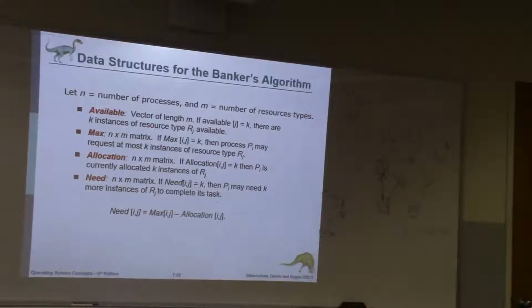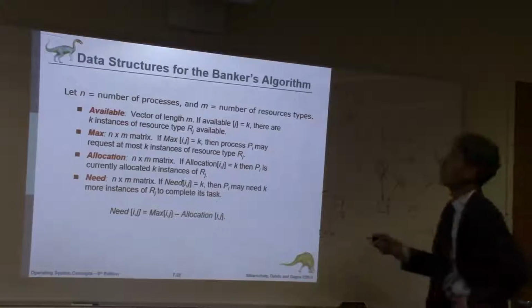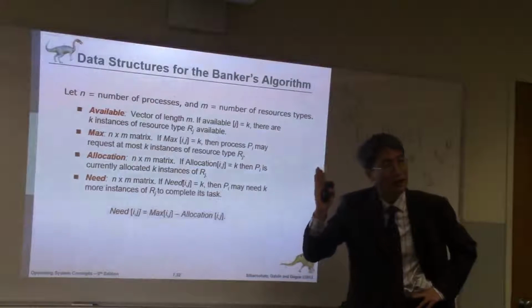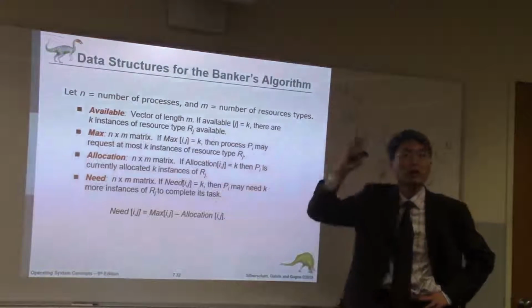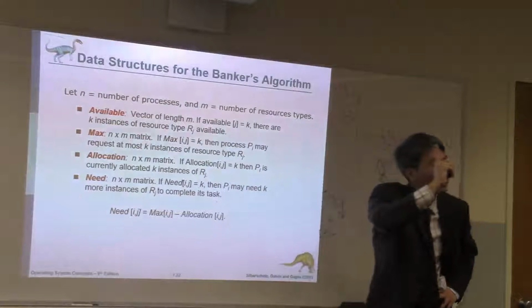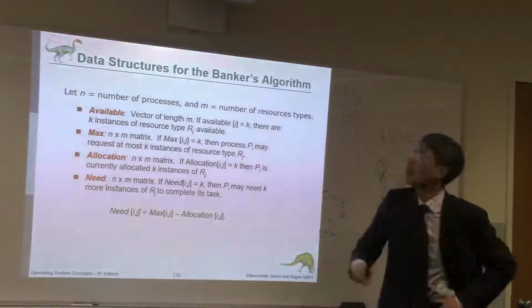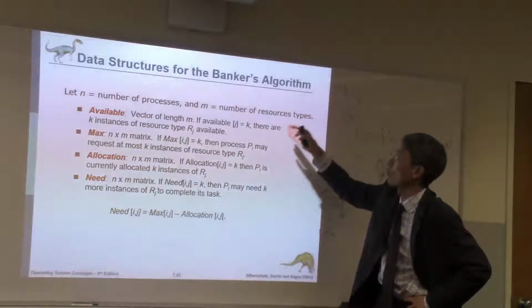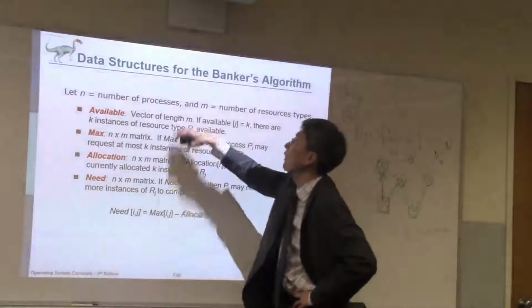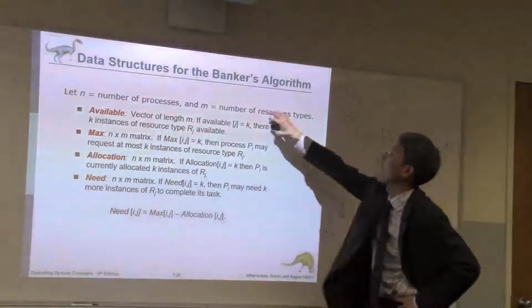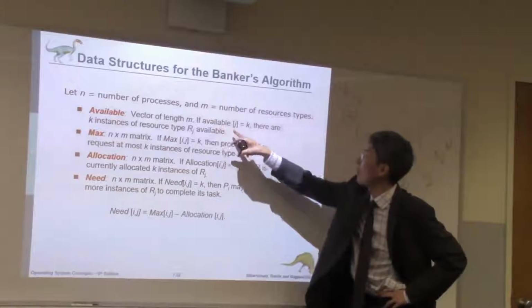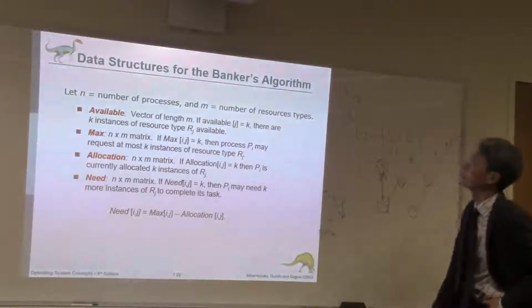Available is a vector, because we have multiple resource types. In the previous case of magnetic tape, it was just one, so we could just check how many were available. In this case, there are multiple types, so we use a vector of size M: Available, indexed 0 to M minus 1.